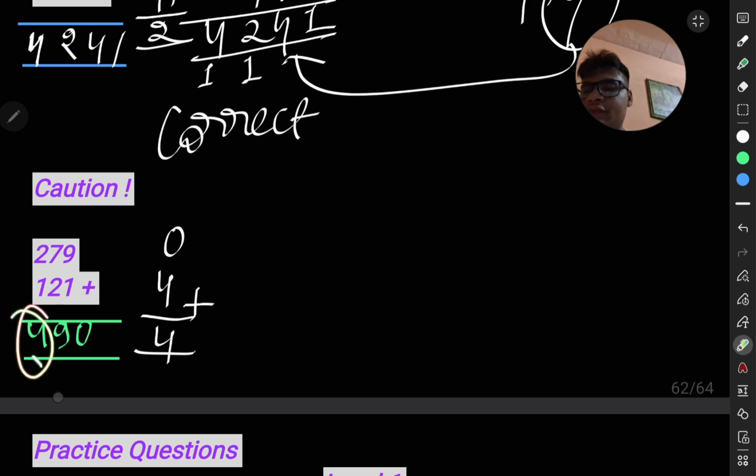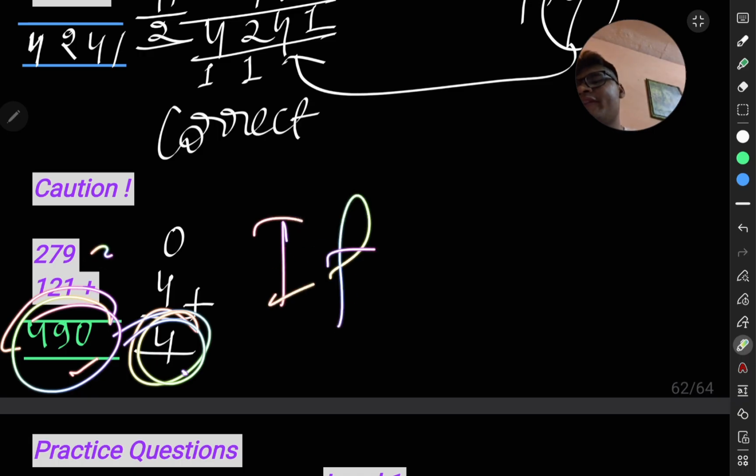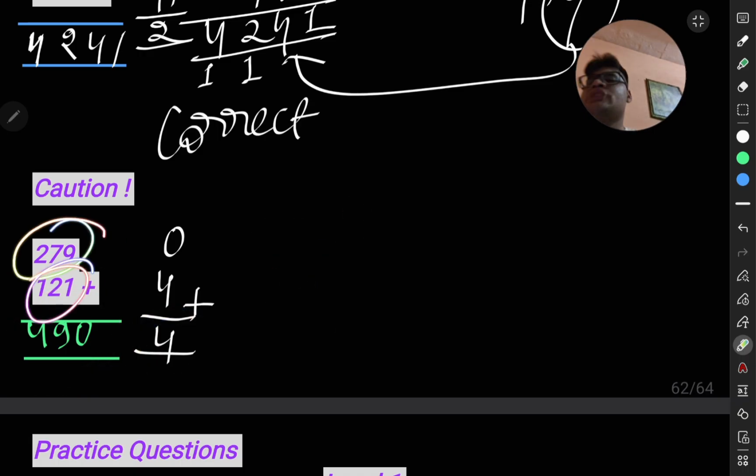So this is 4. Here is also 4. So it is correct. But if we add these two numbers, actually we get a different answer.